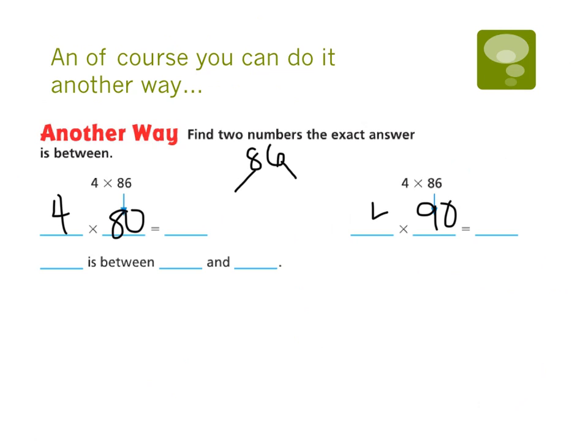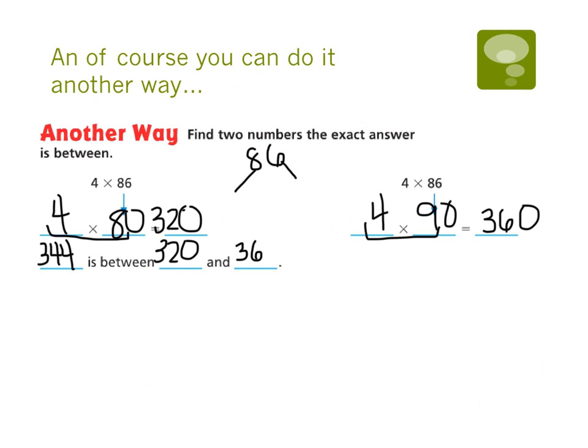So I'm going to multiply 4 times both of those estimates. 4 times 8 is 32, and a 0 for the 80. 4 times 9 is 36, and a 0 is 360. Since Ava's answer of 344 is between my estimates of 320 and 360, I know that her answer is reasonable.